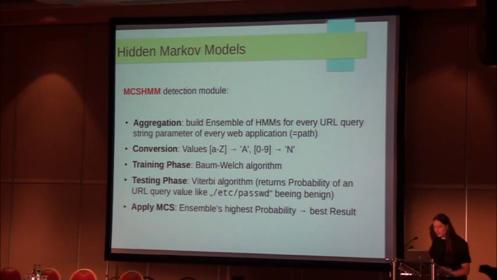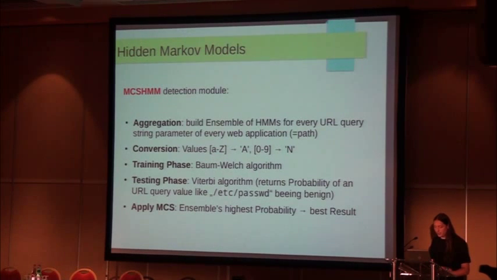We train the models using the Baum-Welch algorithm, and then test a certain value like etc password, a certain observation, using the Viterbi algorithm. So the probability that we get as a return is for a non-malicious value.